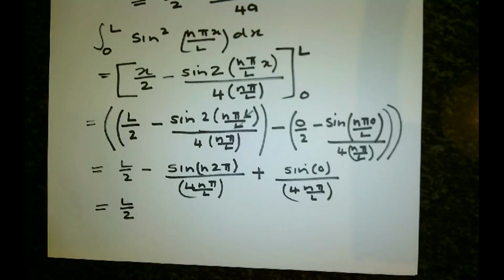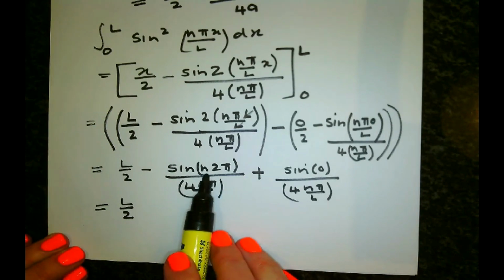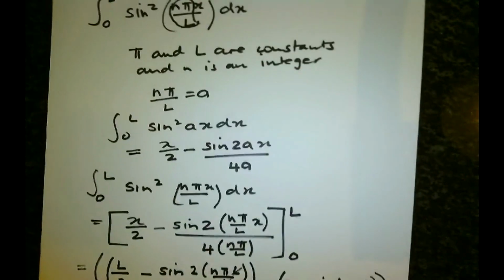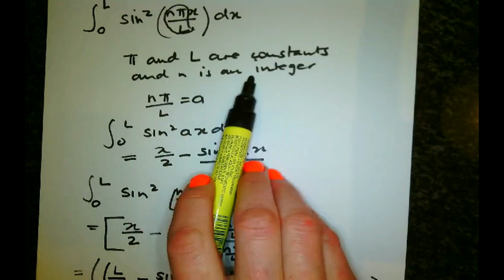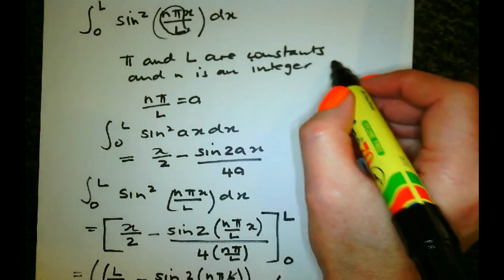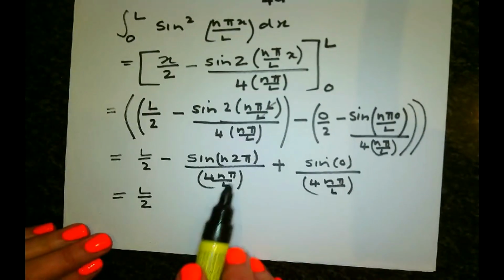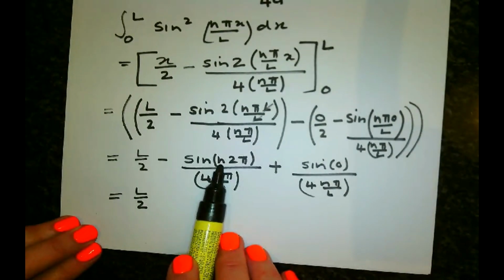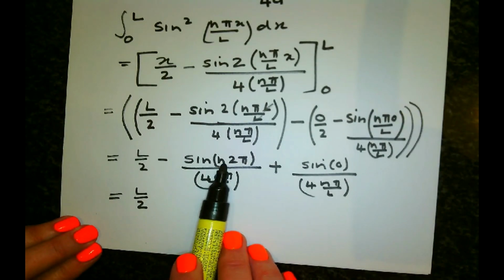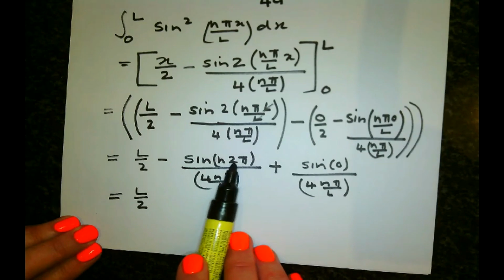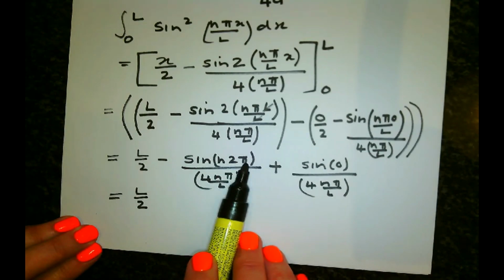Okay, so here we can again refer to our sine graph. Because we said that n is an integer, so that would be 0, 1, 2, 3, etc., a whole number. When n is 0, that becomes sine of 0. When n is 1, it becomes sine of 2 pi. When n is 2, it becomes sine of 4 pi.